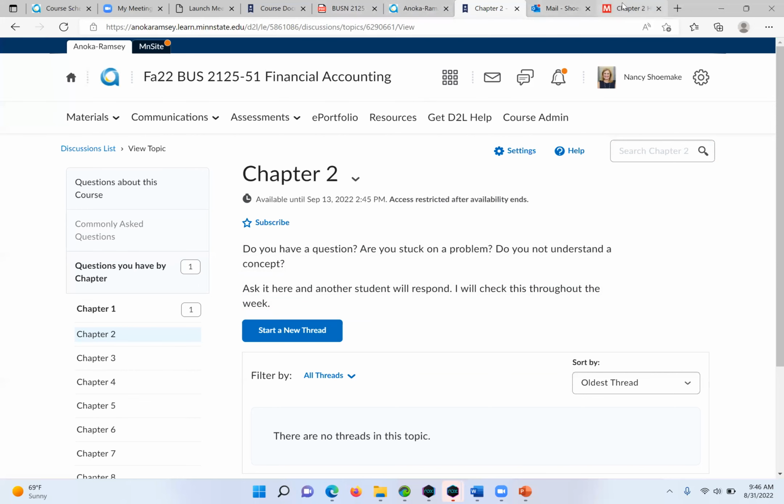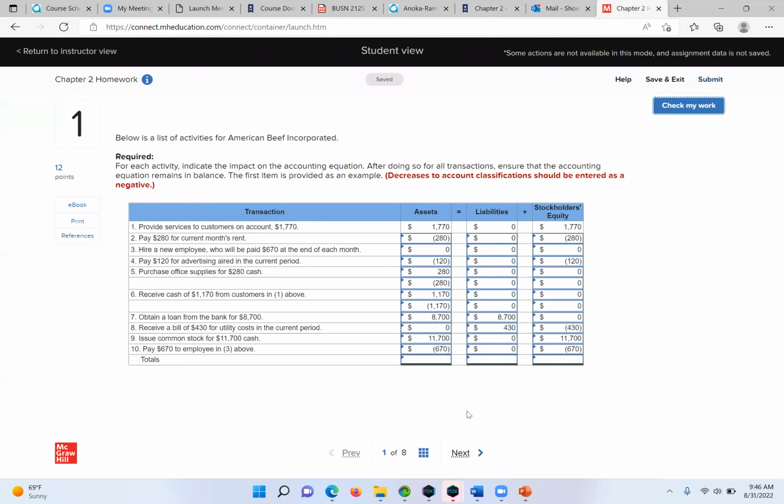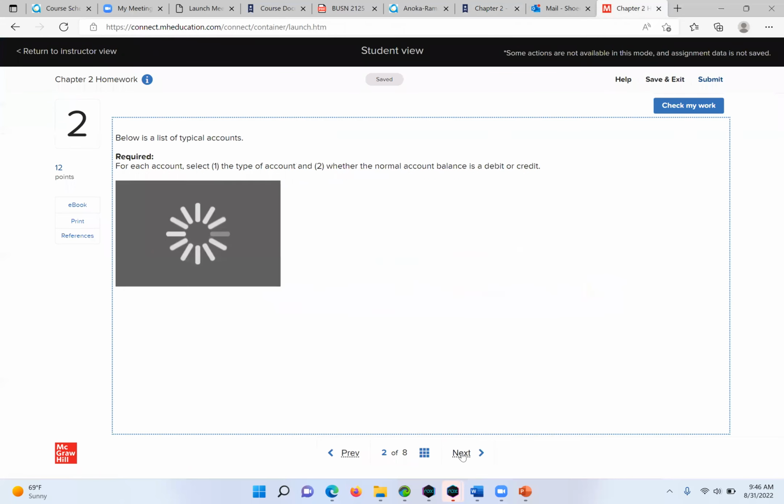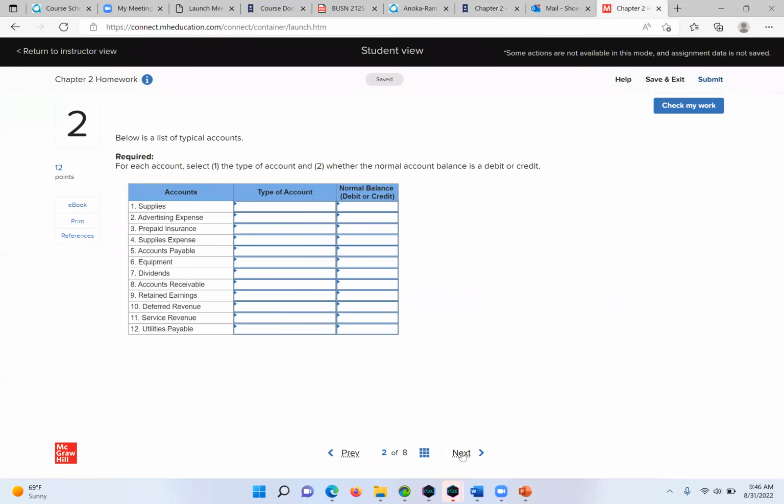You have homework this week. You'll have some questions. Again, this one: is it an asset? Is it a liability? Is it common stock, stockholders' equity? Is it a revenue account? Is it an expense account? Is it a dividend account? And what's the normal balance? We know assets always have a normal debit balance.